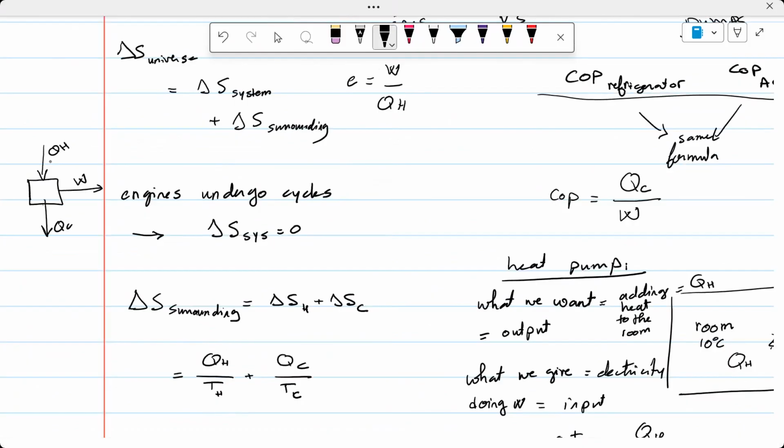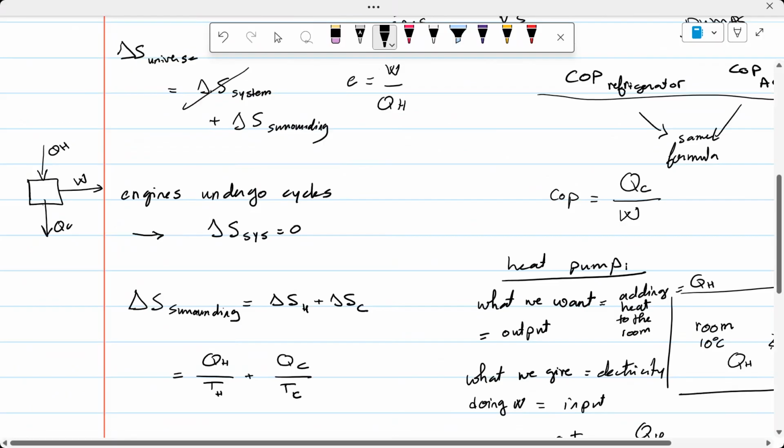Do you agree? Yes. And the system undergoes 4 processes, let's say, sometimes 3 processes, by the way. The engine doesn't have to be going through 4 explicitly, but it's a Carnot engine here. So it's essentially 4 processes, 2 isothermal, 2 adiabatic, but it's a cycle, so the system itself does not undergo any change in entropy. So this one goes to 0.